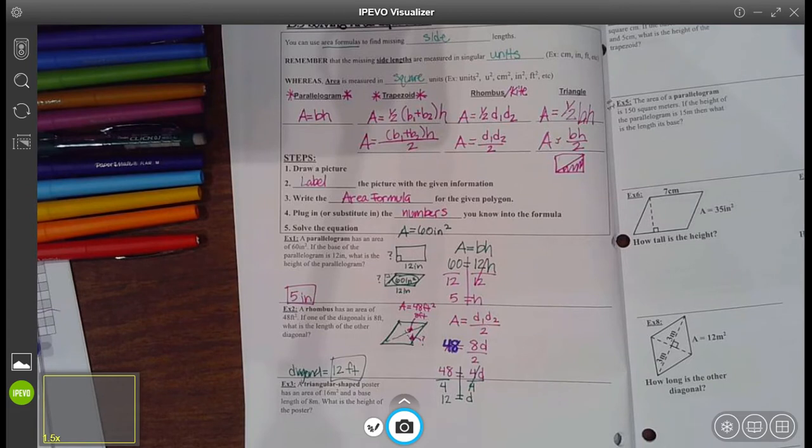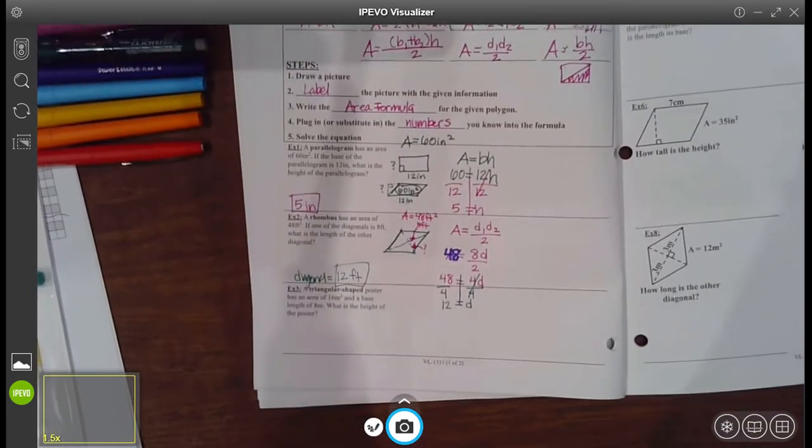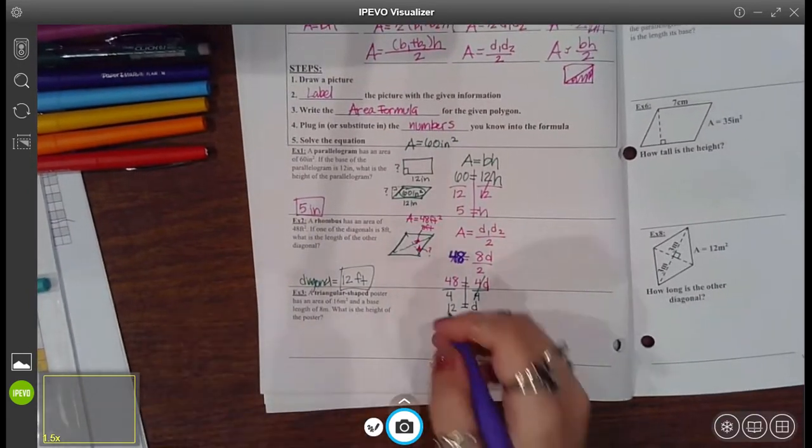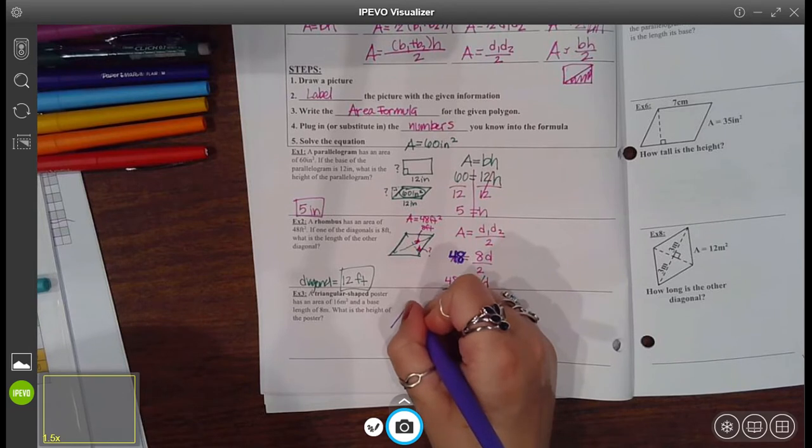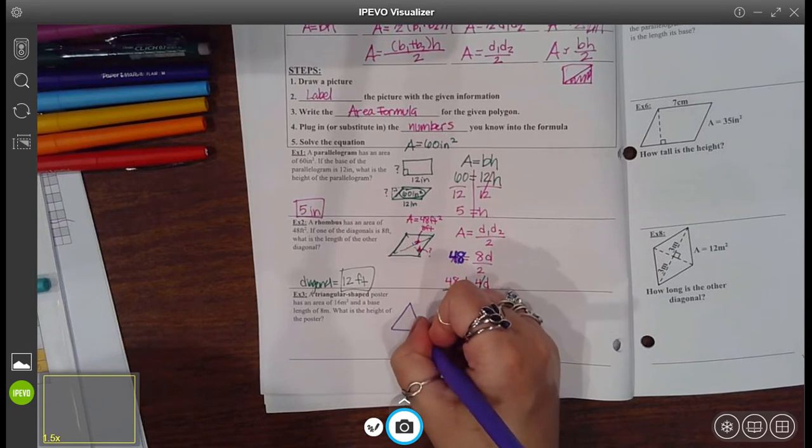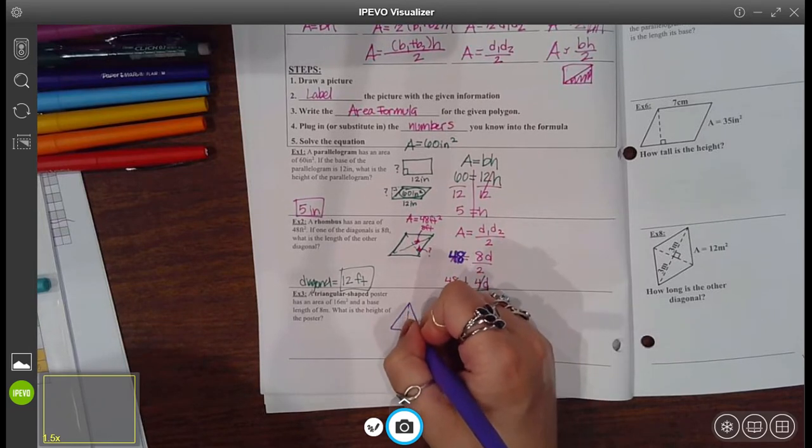Number 3 says a triangular shaped poster has an area of 16 meters squared and a base length of 8 meters. So let's go ahead and draw that shape. Triangle. Okay.